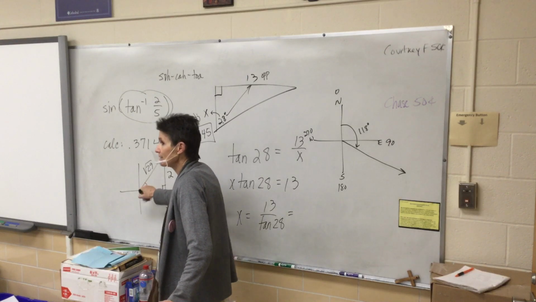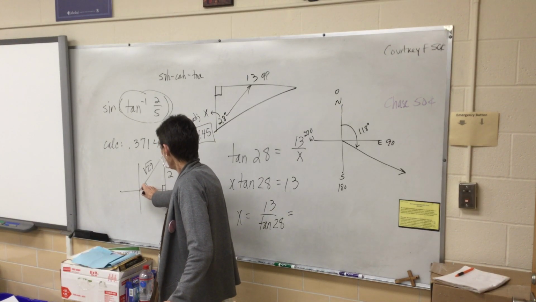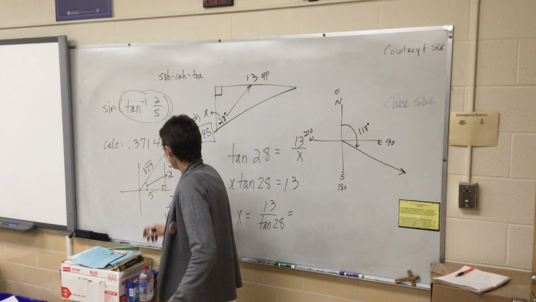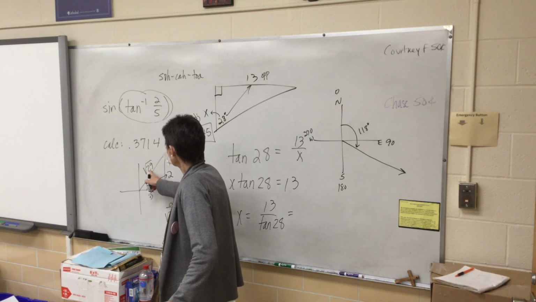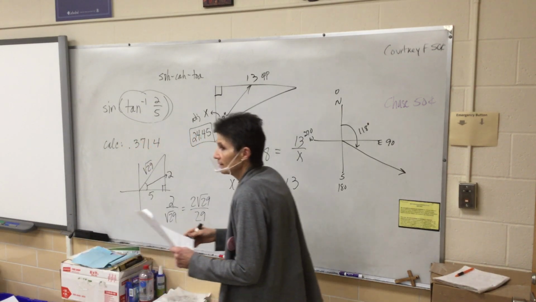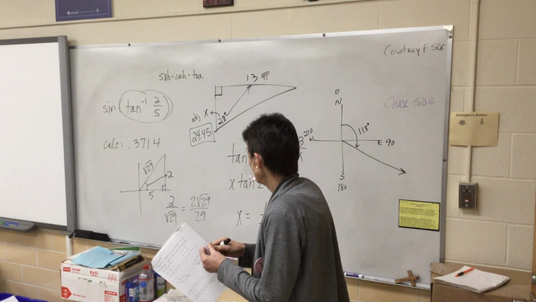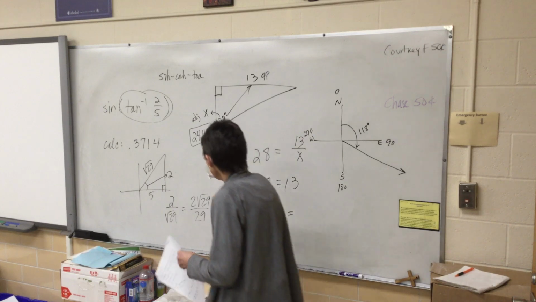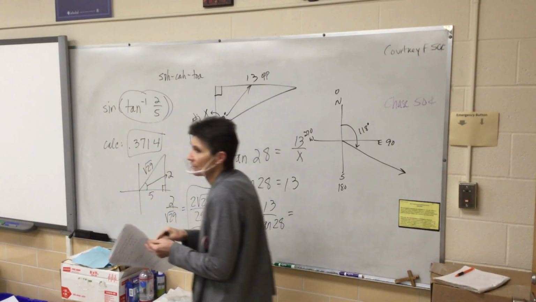But if you're creating your own picture, it's always at the origin. If you got 2 over 5, do you know where the hypotenuse is supposed to be? Hypotenuse is always there. You're finding sine. That doesn't change ever. So this would be the exact answer, and this would be the decimal answer.